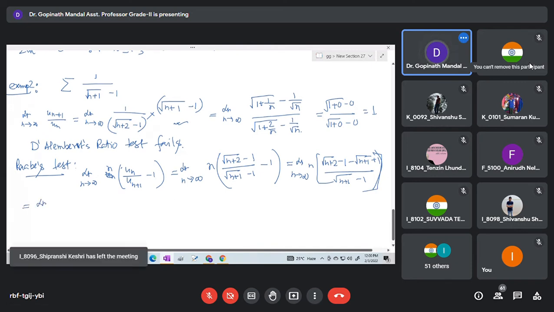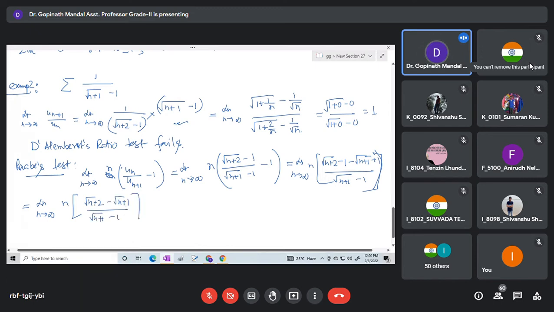So limit n tending to infinity n into n plus 2, n plus 1 minus 1.